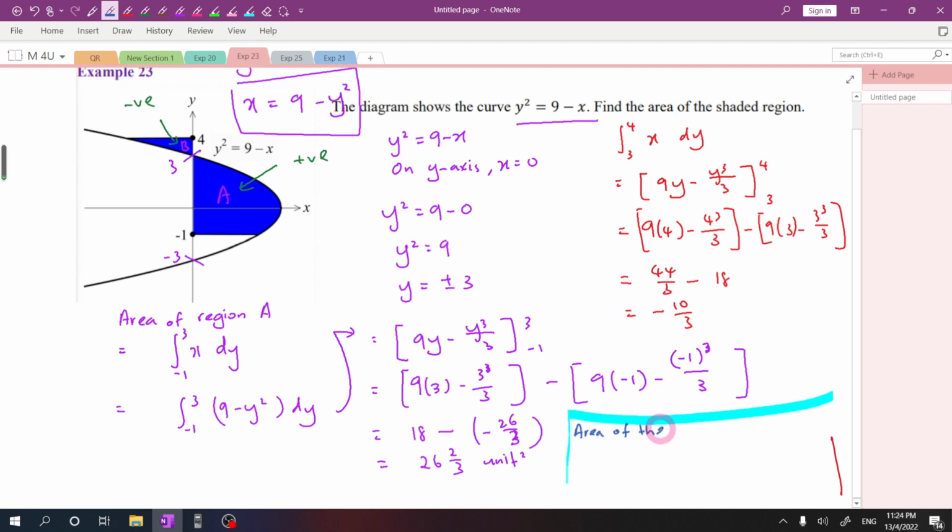Area of the shaded region: 26 and 2 over 3 plus, don't take the negative sign, we only want the number, we just take the absolute value of it, 10 over 3.